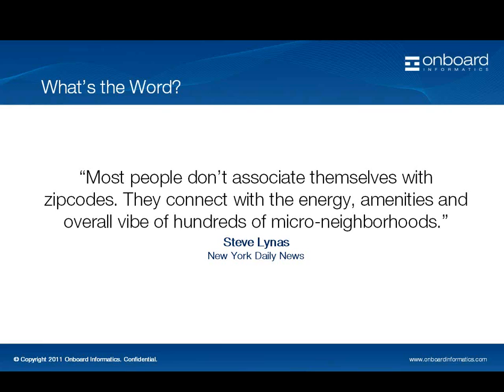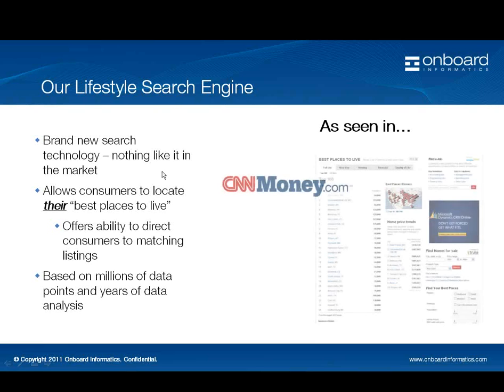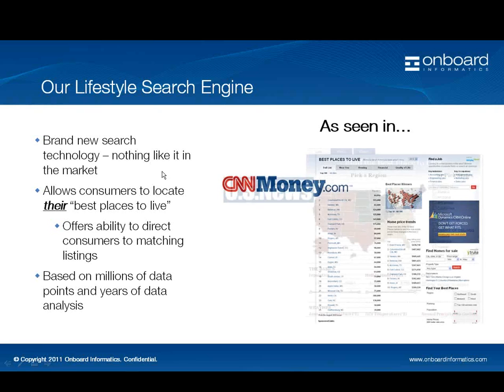It's that hyper-local search context where I want to find the neighborhoods that are right for me. In certain areas you might say you're from 90210, but you might also say, I'm from Soho, or I want to live in Tribeca. So that's always very important as well.